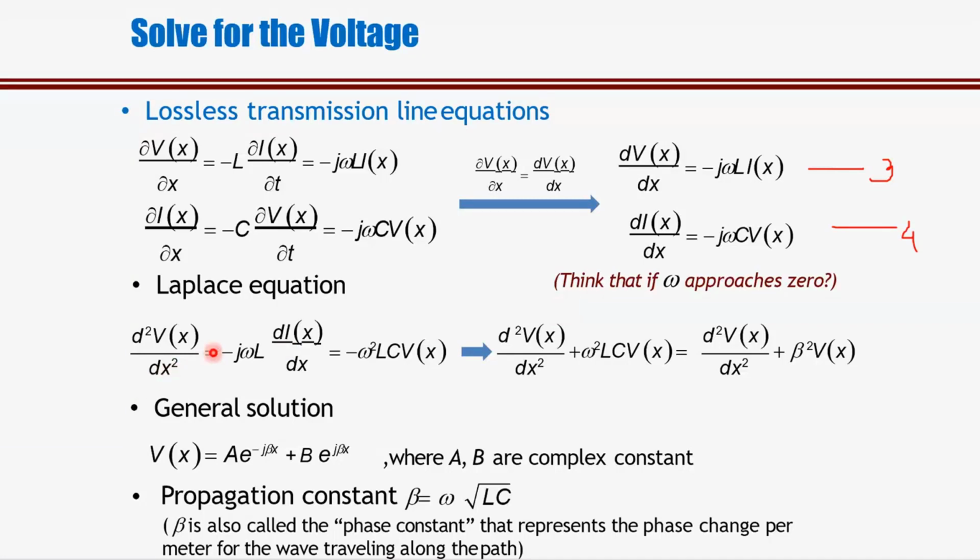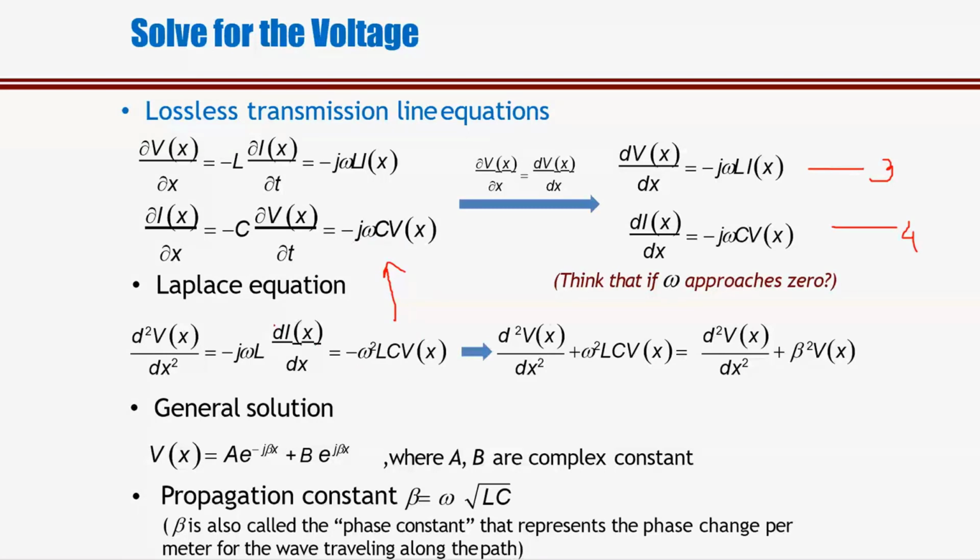Right. Then again I will take the derivative of equation number 3 with respect to x and the derivative of equation number 4 with respect to x. Then I will get d2V(x) by dx square is equal to minus j omega dI(x) by dx. Now dI by dx is what? dI by dx is given by this equation, that is minus j omega C V(x).